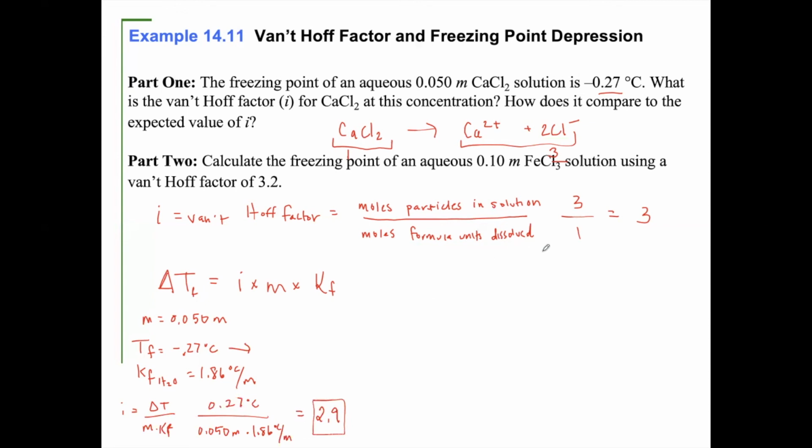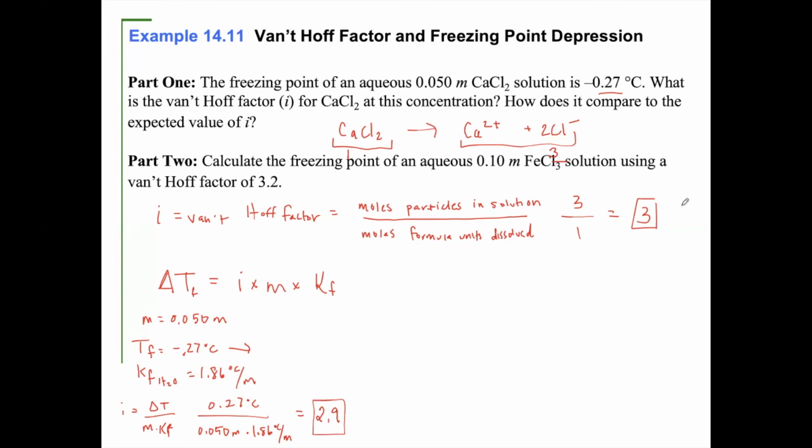Notice that the expected value of i is 3, not 2.9. So you'll see in the book that the more dilute a solution is, the closer the calculated value for i comes to the predicted value of i. And the reason that the experimental i doesn't necessarily equal the predicted i is because some of these ions will pair back up again.